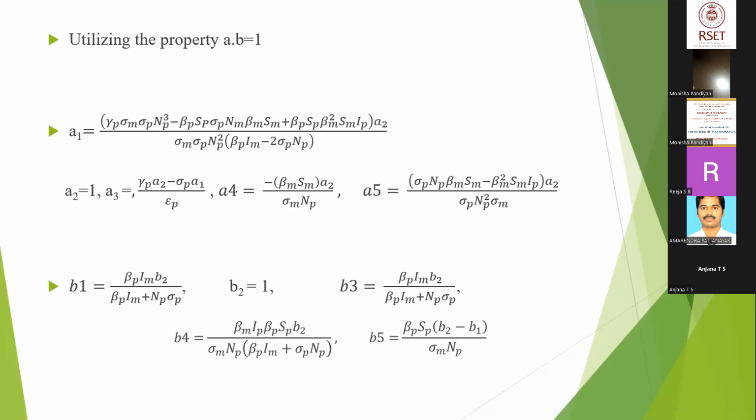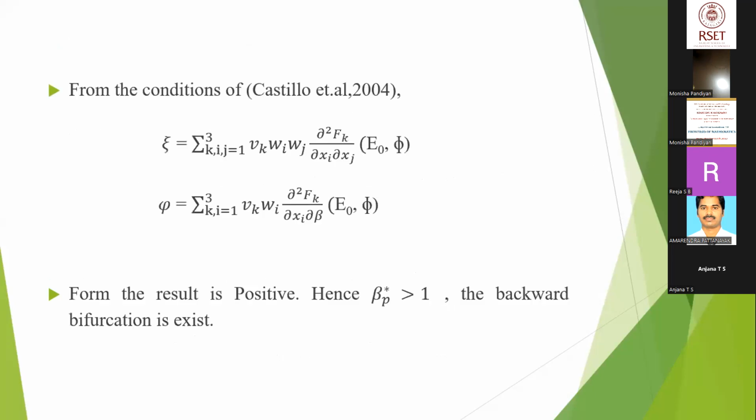These values are used to solve equation 4, and B1, B4, B5 are used to solve equation 5. So from the formulas of theta and psi, finally the result comes positive and the backward parameter is greater than 1, so the backward bifurcation exists.